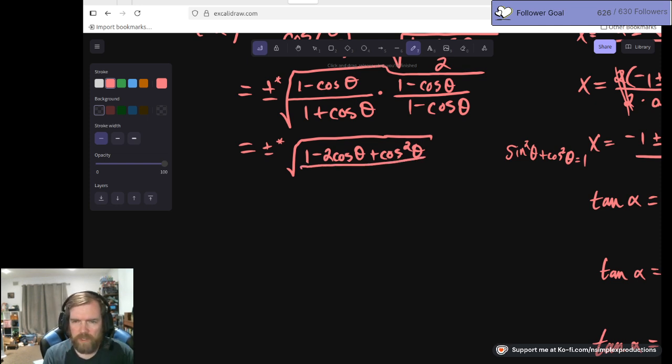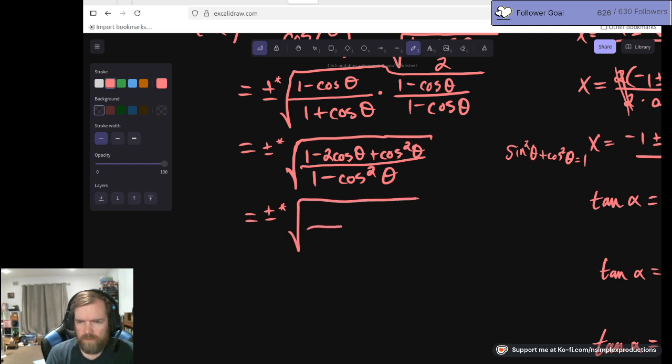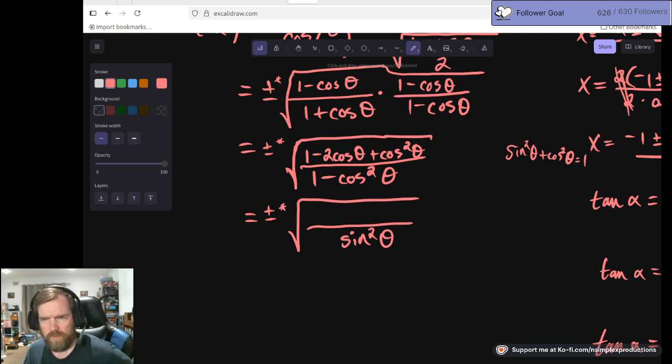And the bottom ends up becoming 1 plus cosine theta minus cosine theta minus cosine squared theta. The denominator becomes sine squared of theta. And the numerator is 1 minus cosine of theta, parentheses squared, or 1 minus 2 cosine theta plus cosine squared theta.